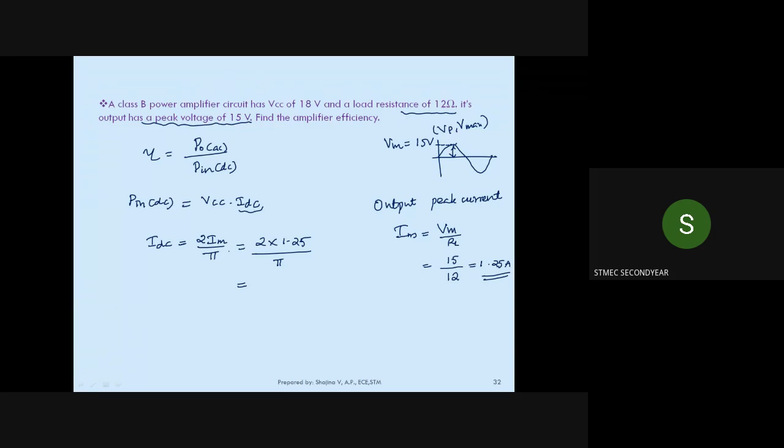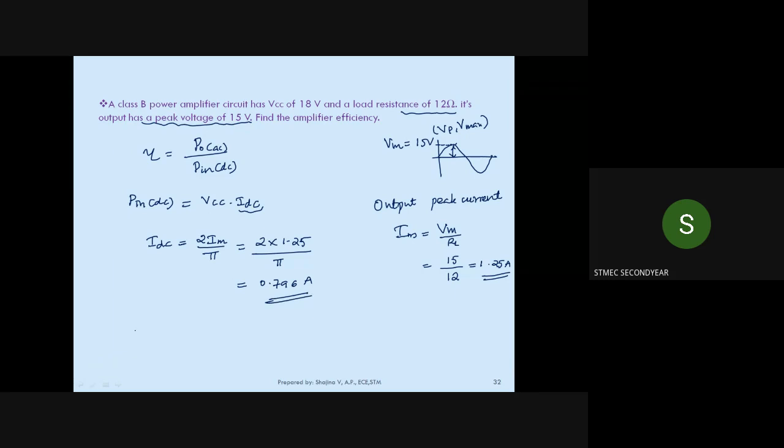So what is the value of DC current? IDC is 0.796 ampere.